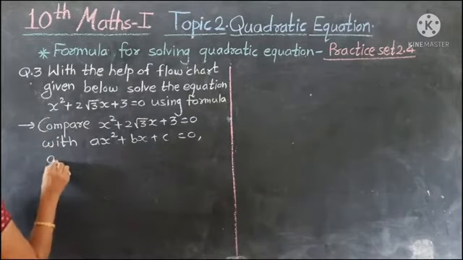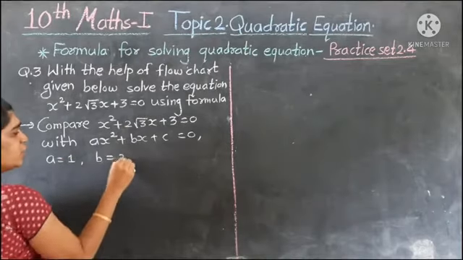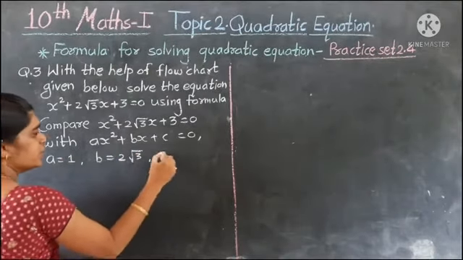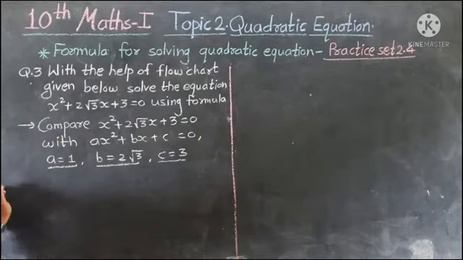We get a is 1, b is 2 root 3, c is 3. We get these 3 values.